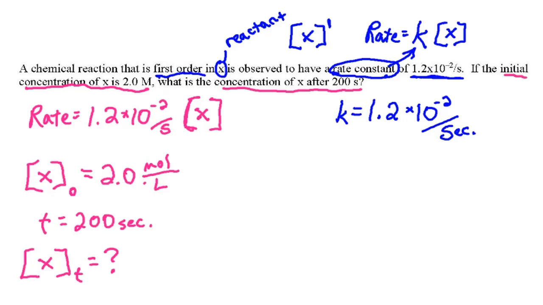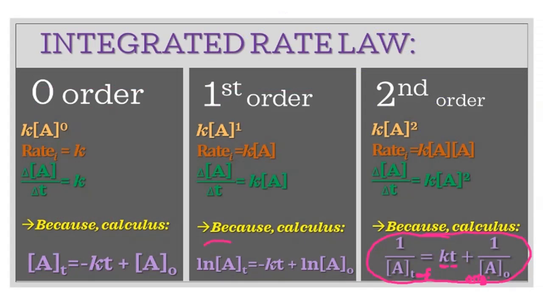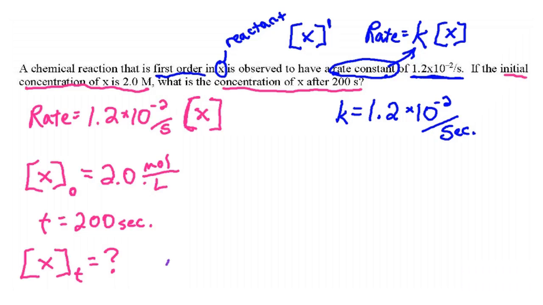So if you remember the integrated rate law for the first order is the natural log of the concentration of A at the end of the time equals negative KT plus the natural log of the original concentration of A. So let's write that down.